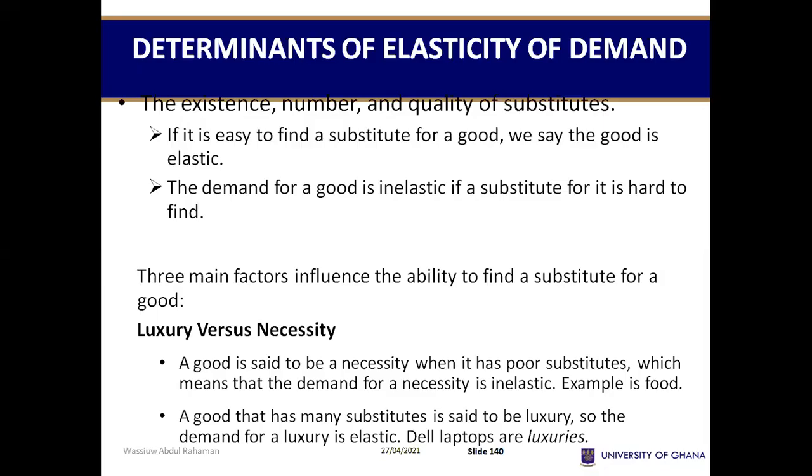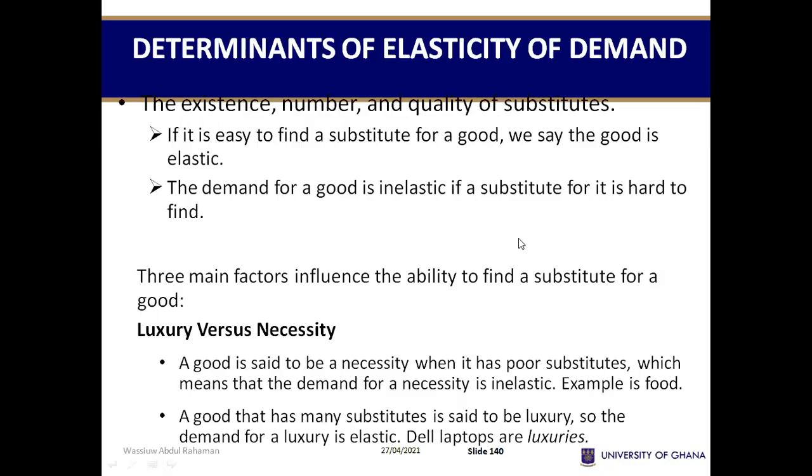But like I said, always use the percentage change formula. That is much easier and devoid of any problems. So always stick to that one to calculate all the elasticities.